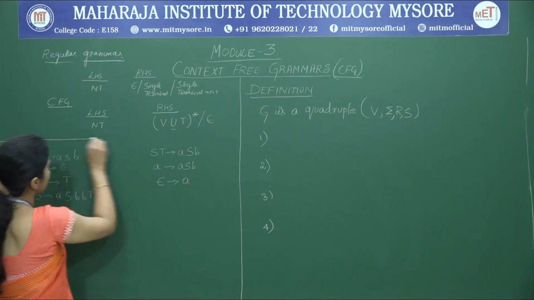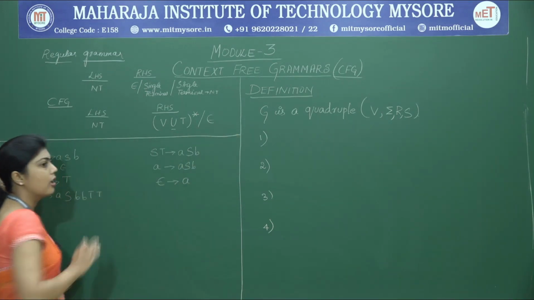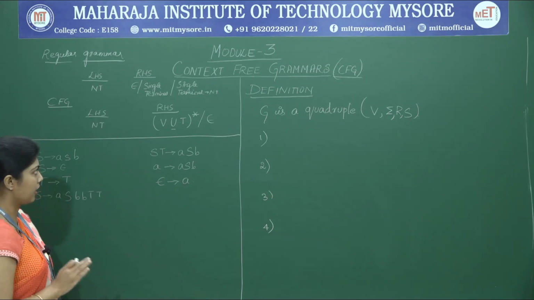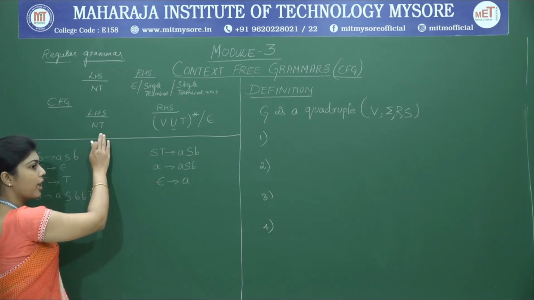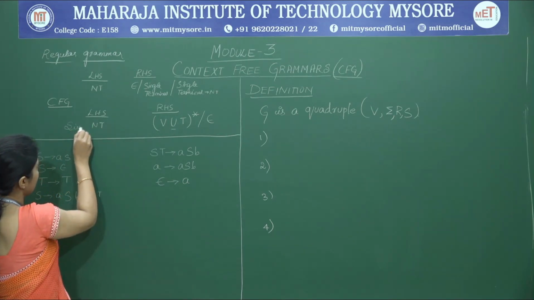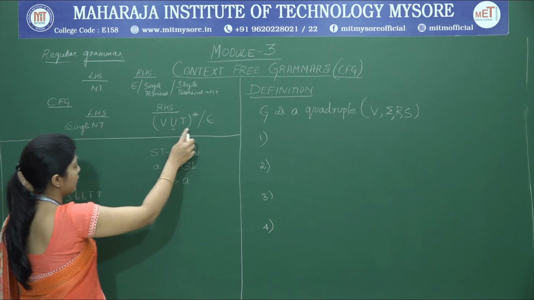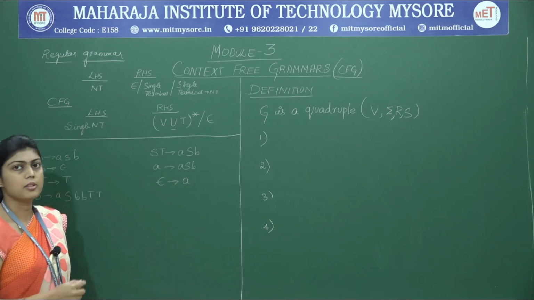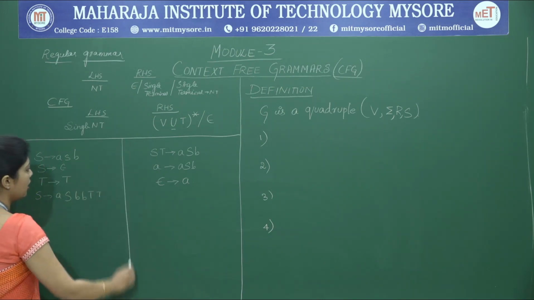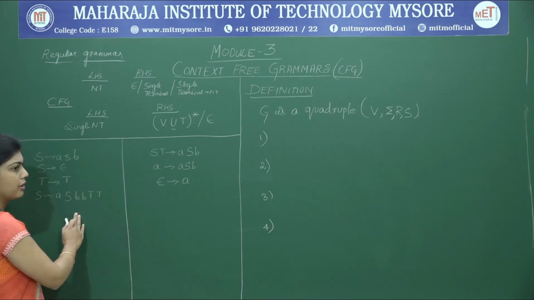Now that we know what a rule of a context free grammar looks like, the LHS should have a single non-terminal, and the RHS is a combination of variables, terminals and epsilon.